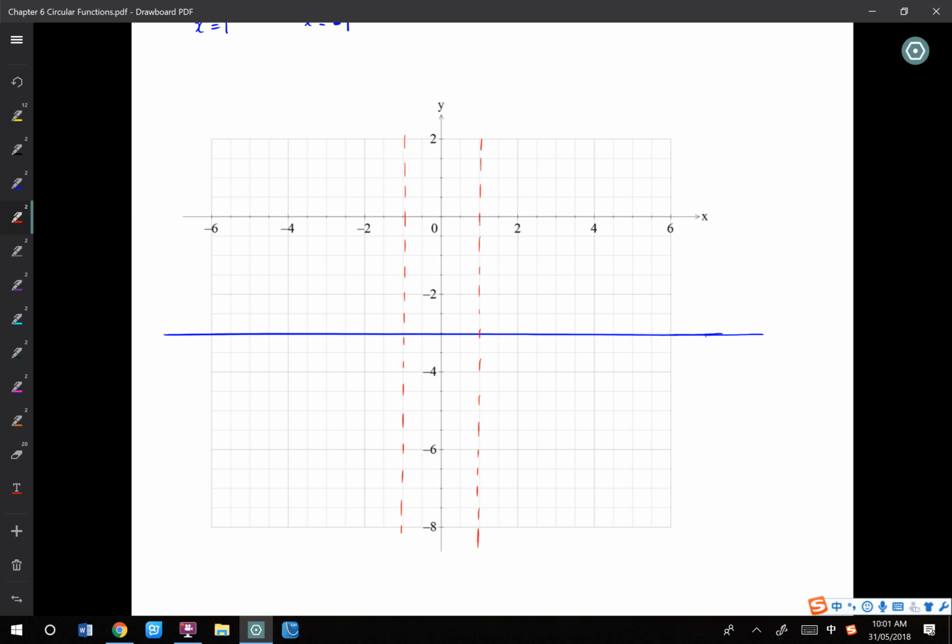And then the next asymptotes must be at 3, because every two asymptotes will be the same distance apart. And the next one will be 5.